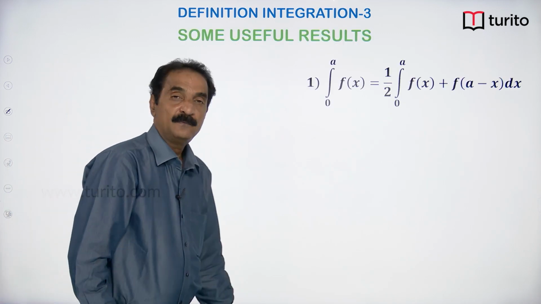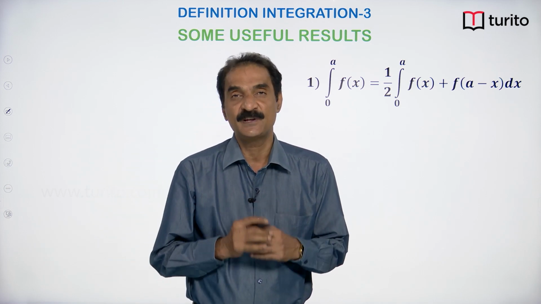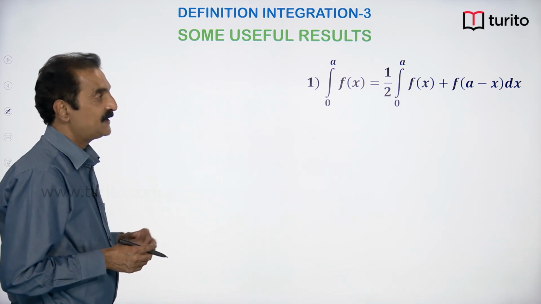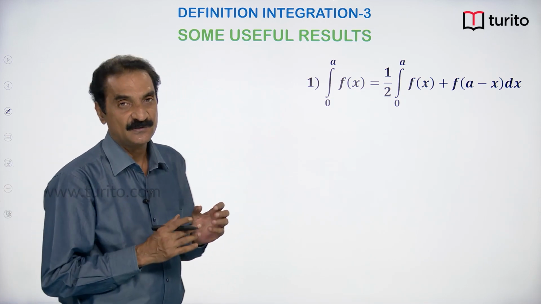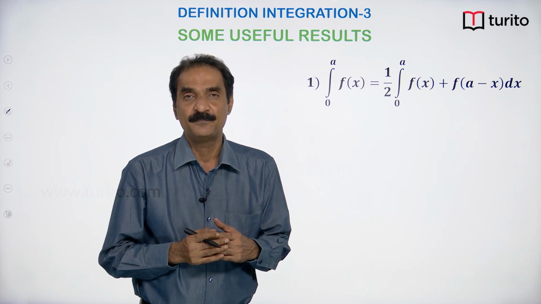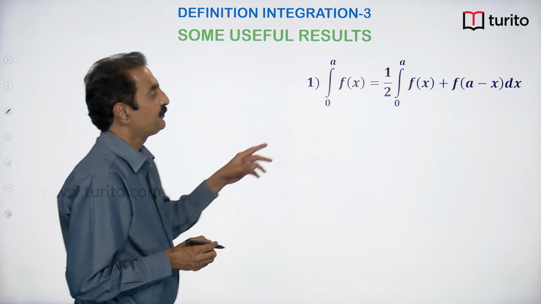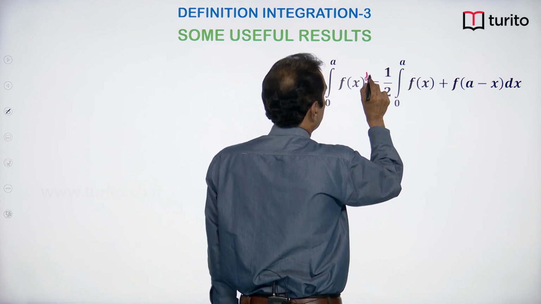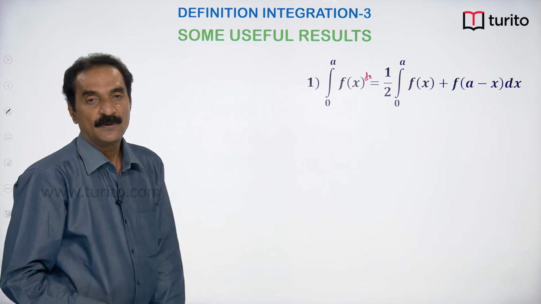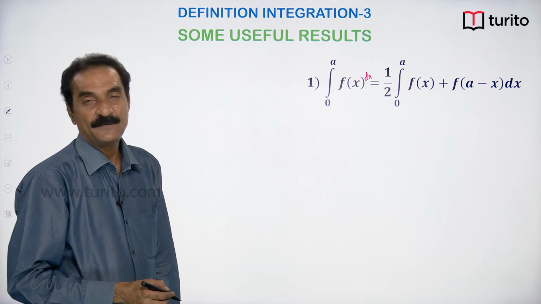Now, I am going to discuss some important and useful results in definite integration. If you use these results, you can save a lot of time in calculation work. Integral 0 to a f of x dx is equal to half integral 0 to a of f of x plus f of a minus x.